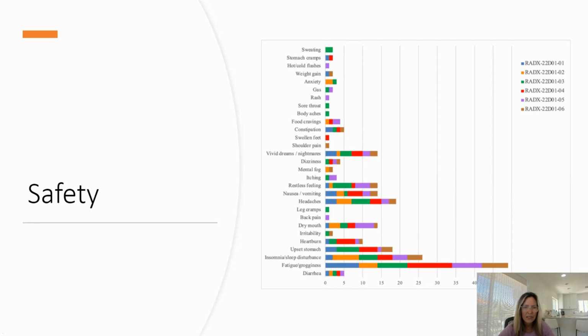So we have another study here to add into the safety profile for cannabinoids, which again is part of the call from the FDA saying they don't have enough safety data in order to make regulatory decisions.